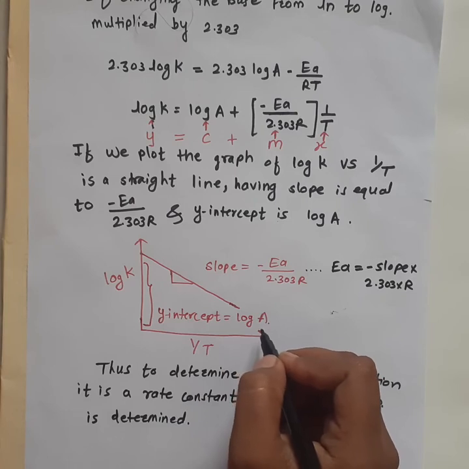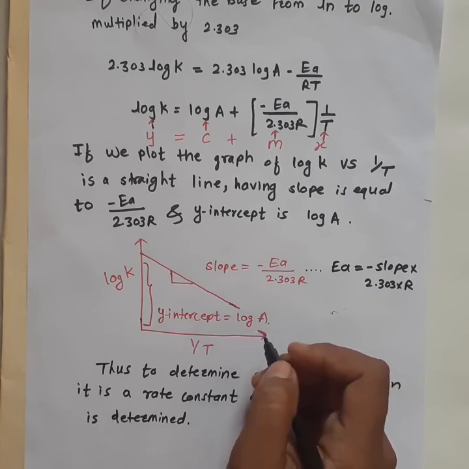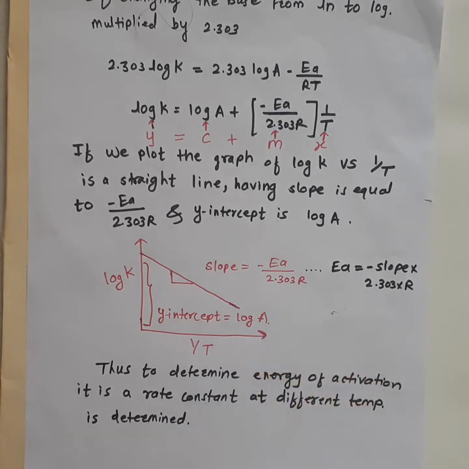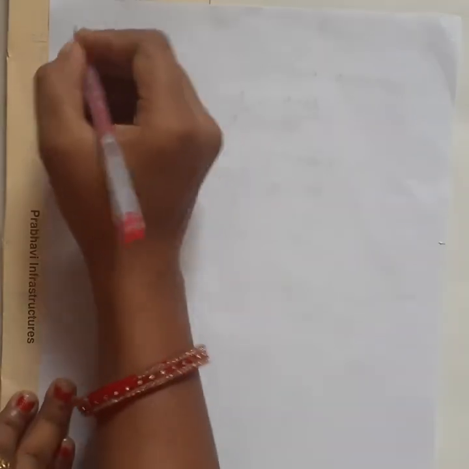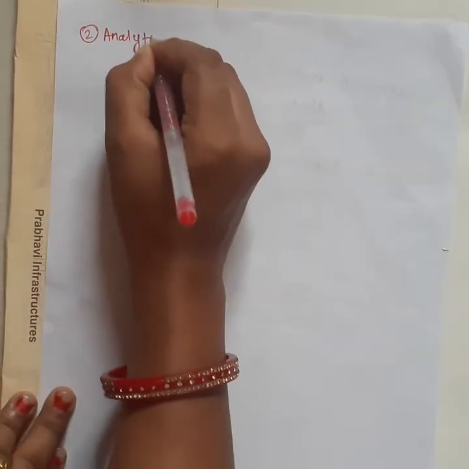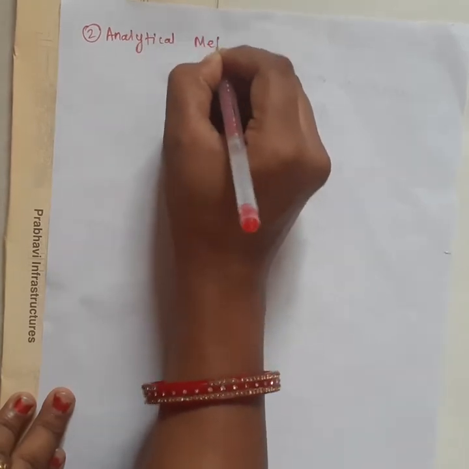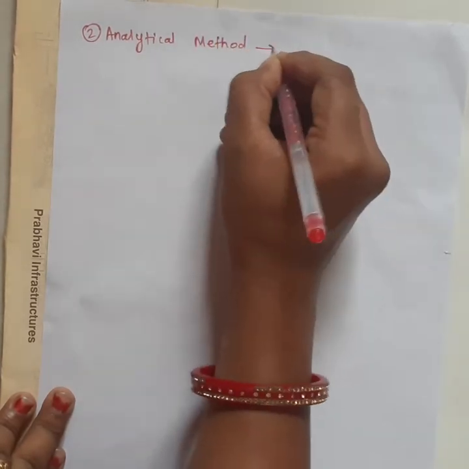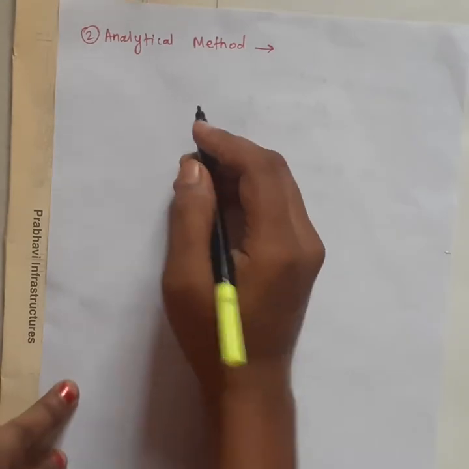So now we will study the second method to determine the energy of activation, and that is called the analytical method. What was the equation?